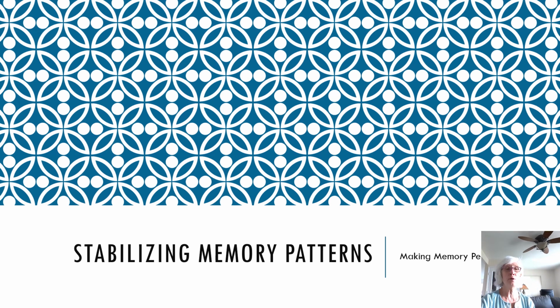Okay, so we have looked at the molecular mechanisms by which connections are strengthened and weakened, and that has to do with the NMDA receptors letting in calcium, and that calcium binding to protein kinases, and those protein kinases now active phosphorylating things like the AMPA receptor.